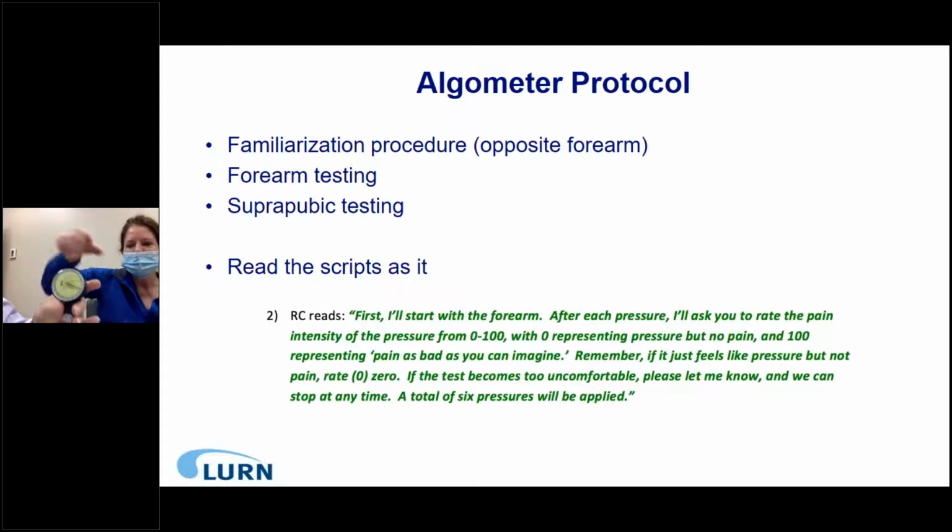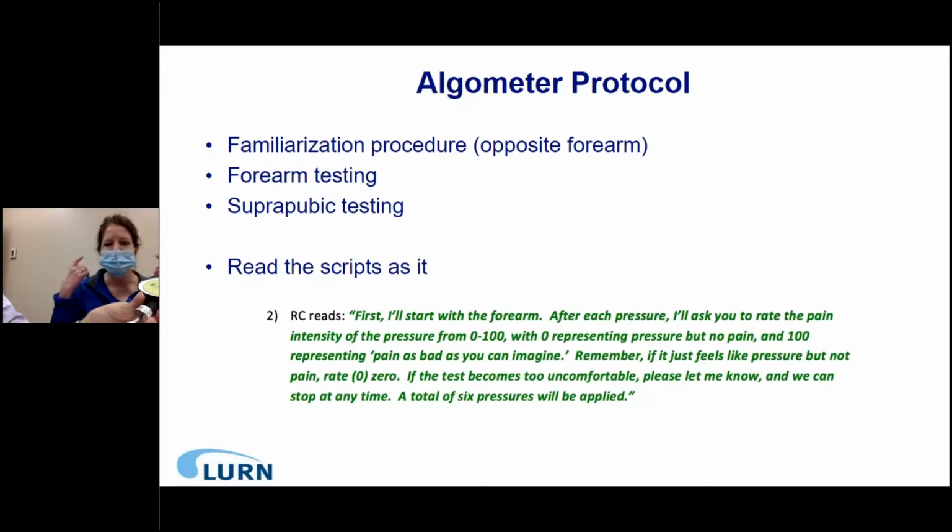You're reading the inside of the dial, which is kilograms, because you can see there are two scales. The one on the outside is pounds, the one on the inside is kilograms. And when you read the protocol, we want 2 kilograms and 4 kilograms. So you look at the inside of the yellow, because if you look at the outside and get confused, then you're really not delivering the proper amount of pressure.